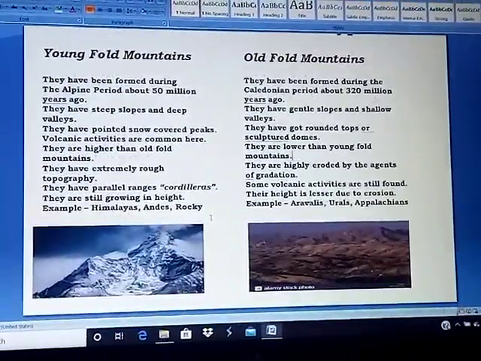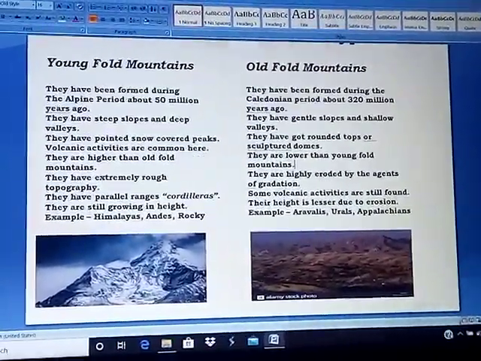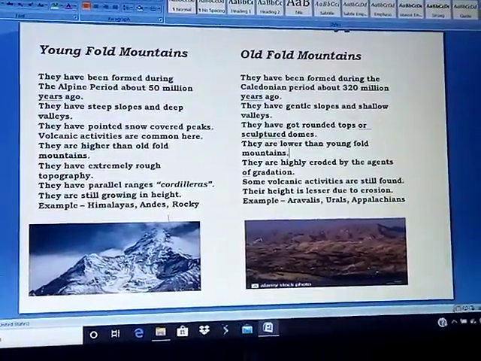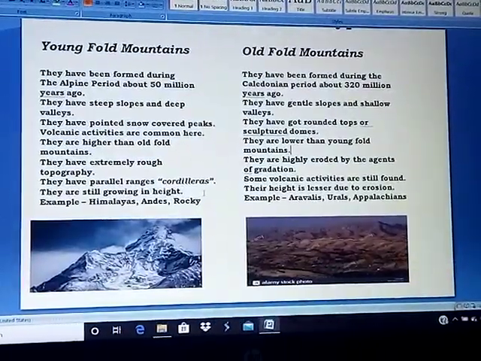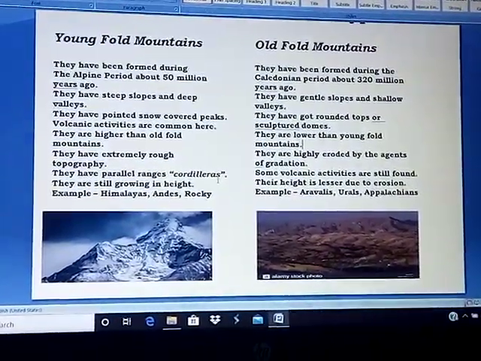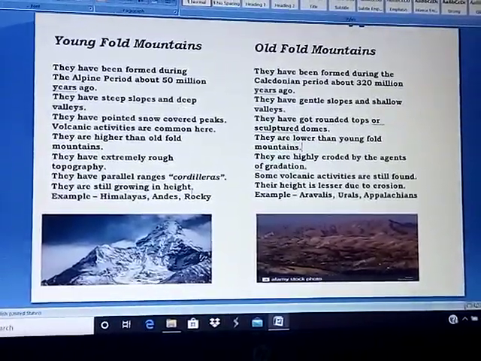Anyhow, the young fold mountains have parallel ranges, meaning so many mountains are together, ranges parallel. These ranges are known as cordilleras. They are still growing in height.